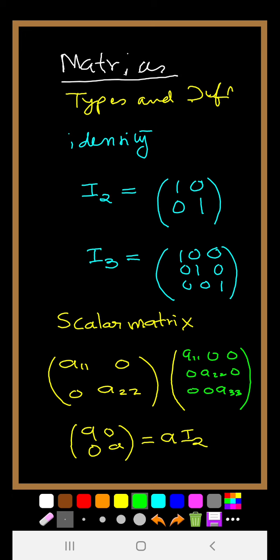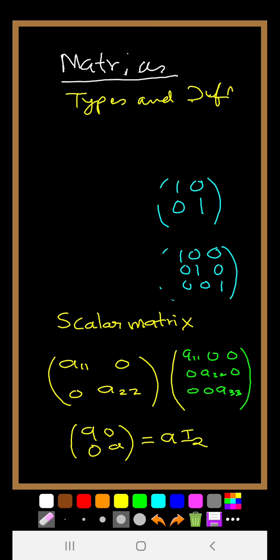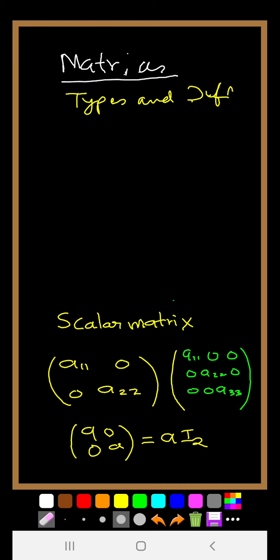This is what a scalar matrix is. The next is the symmetric matrix.